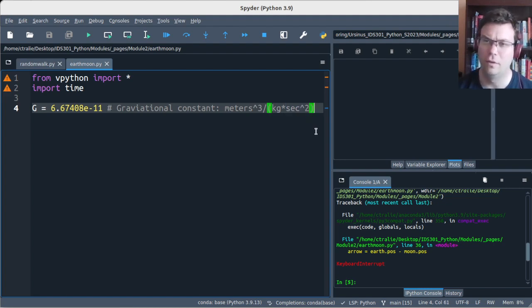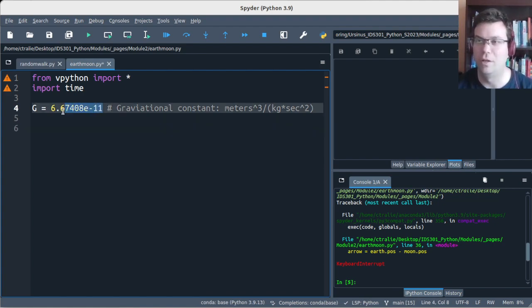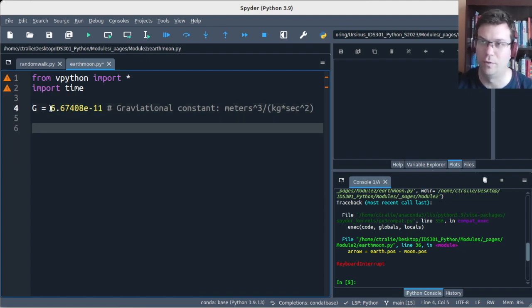And if you've seen any physics before, you know that's an acceleration. Okay? So from a mass and a distance between two bodies, we will be able to determine the acceleration due to gravity between those two bodies. All right, so these are the knobs that the universe has turned for us. If you change this number, then the gravitation would change, but this is what we estimate it to be, roughly.